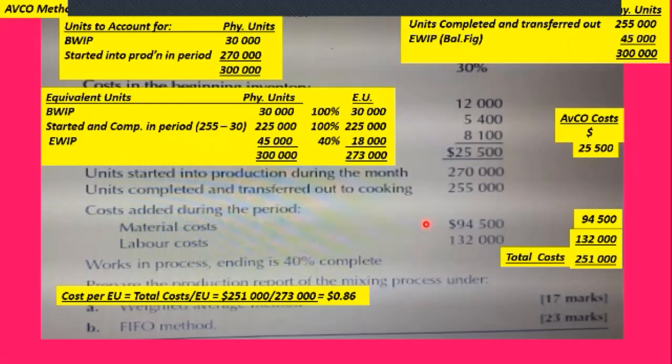All right, so what I'll do, that would bring us to the end of the presentation. I'll go over the AVCO method three. Remember, this should be 91 cents.